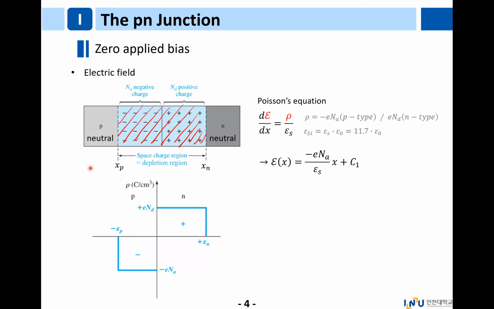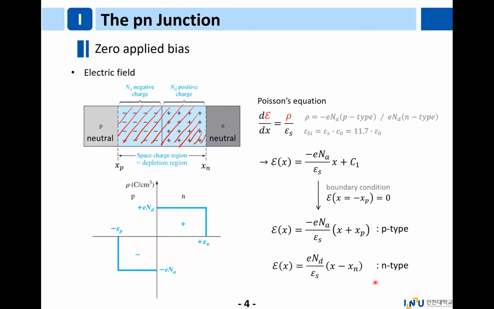So applying the depletion approximation, we obtain the boundary condition that the electric field becomes 0 at x equals minus xp. Finally, we can derive the expression for the electric field in the p-type region as follows. A similar process can be used to derive the electric field in the n-type region.